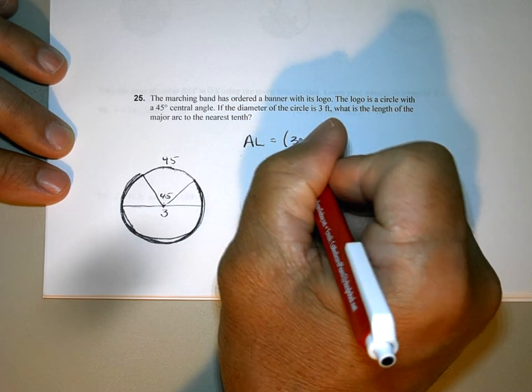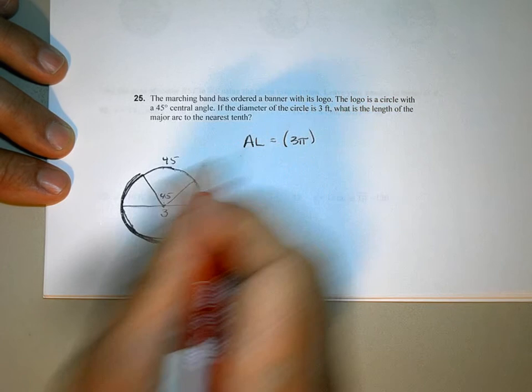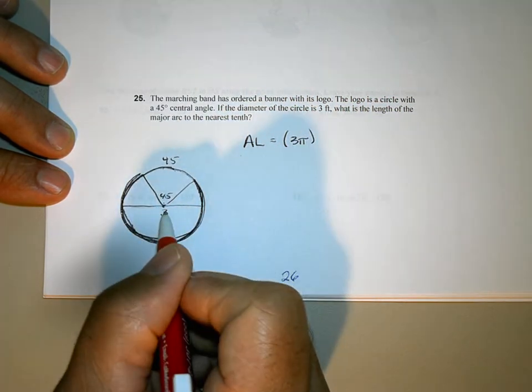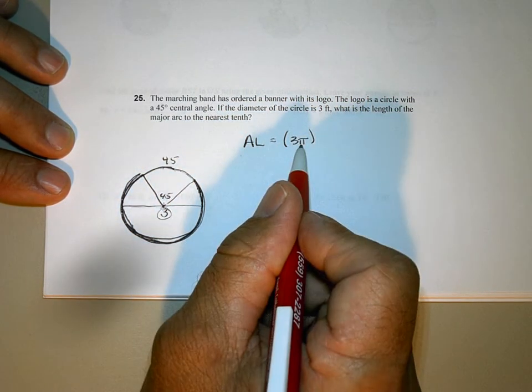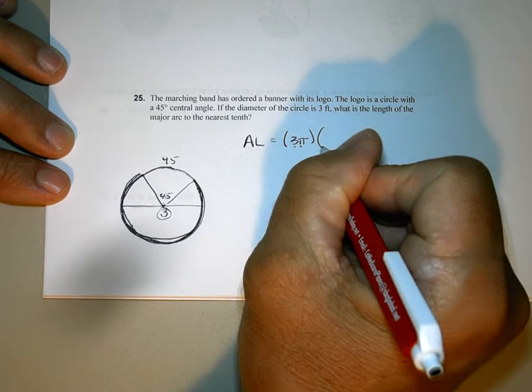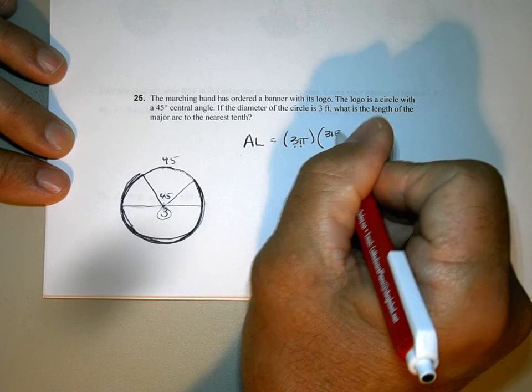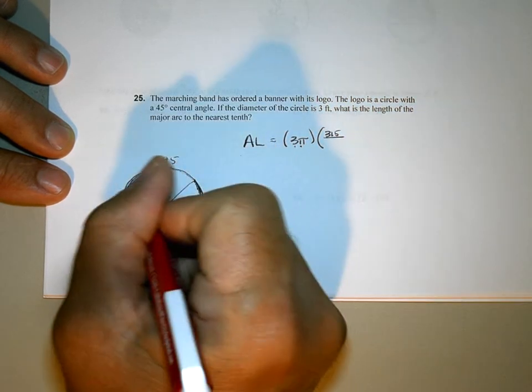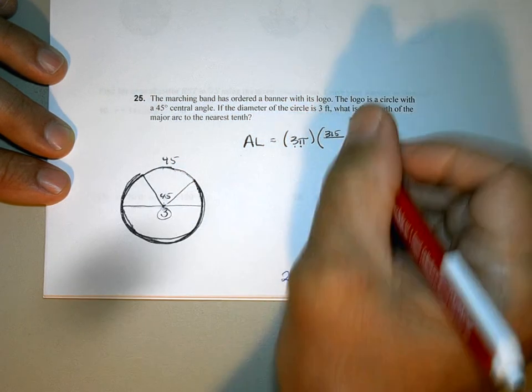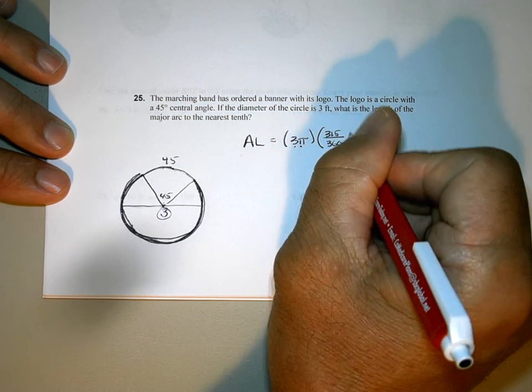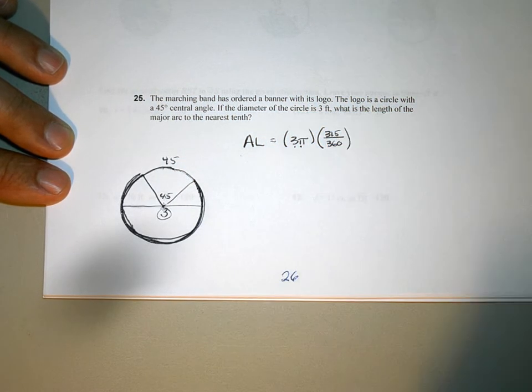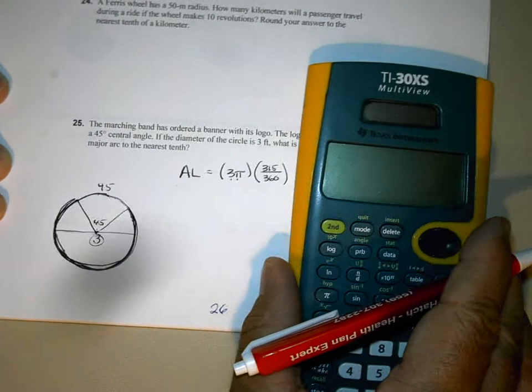3 pi. That's the circumference of the whole circle. 3 pi times 315. That's 360 minus 45, because we want the major arc, everything but that 45, over 360. I think we've already done this one somewhere along the way. Let's get our calculator out.